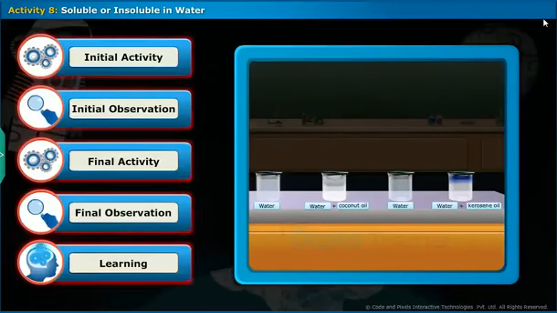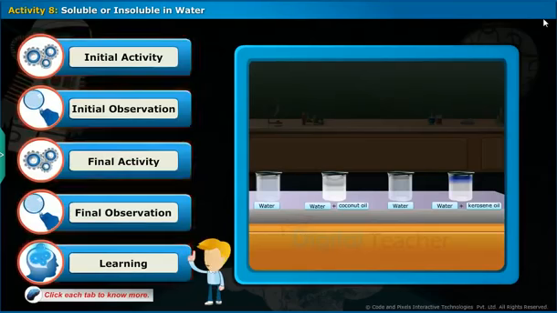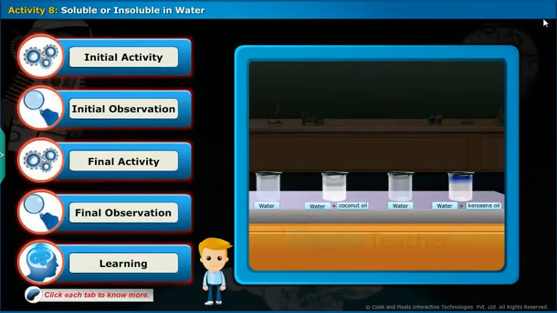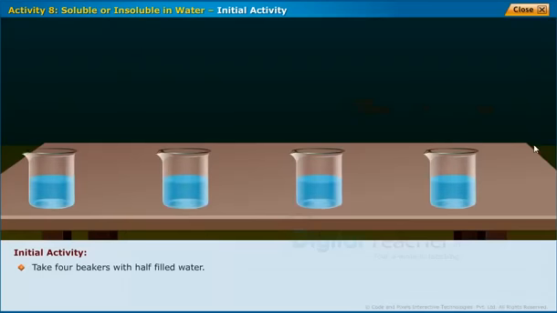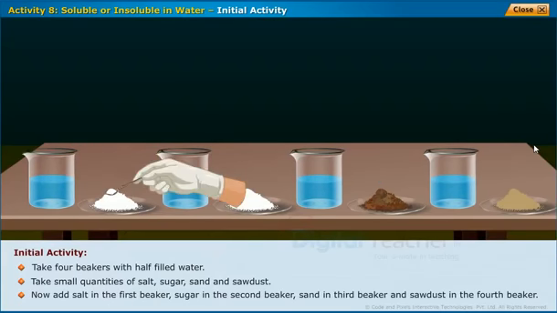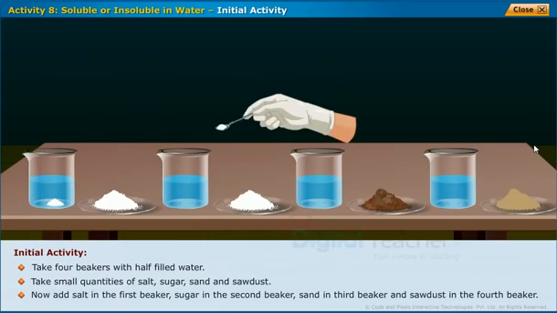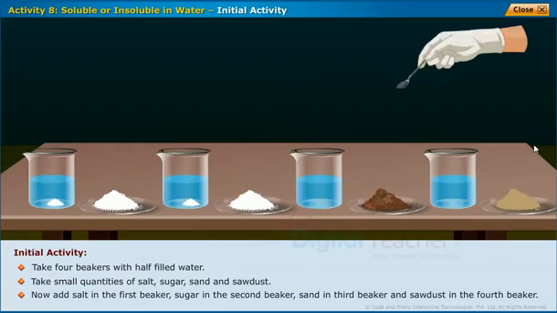Now, let us do a simple activity to know the solubility of substances. Click each tab to know more. Take 4 beakers with half-filled water. Take small quantities of salt, sugar, sand and sawdust. Now add salt in the first beaker, sugar in the second beaker, sand in third beaker and sawdust in the fourth beaker.